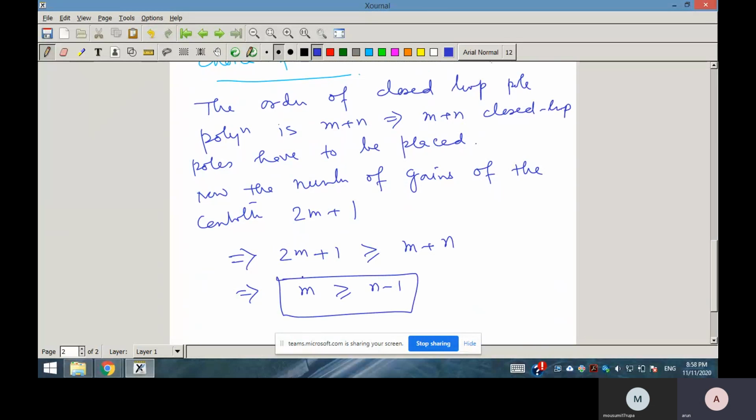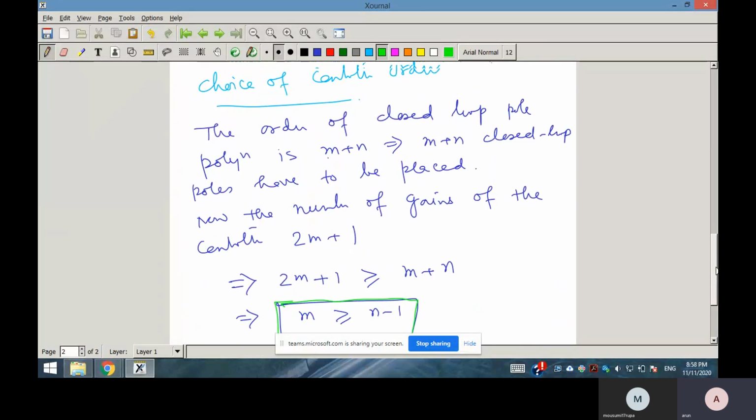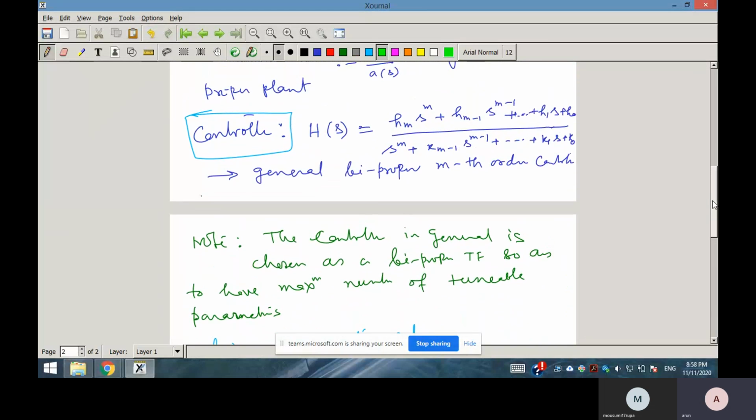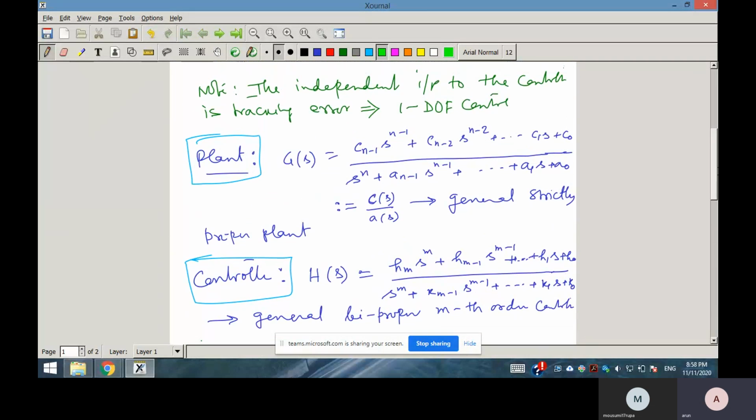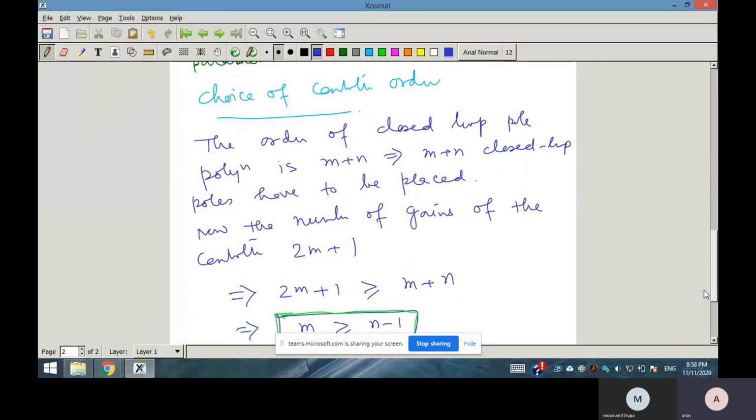This is a very important equation. So for an nth order plant, single input single output, general strictly proper SISO plant.